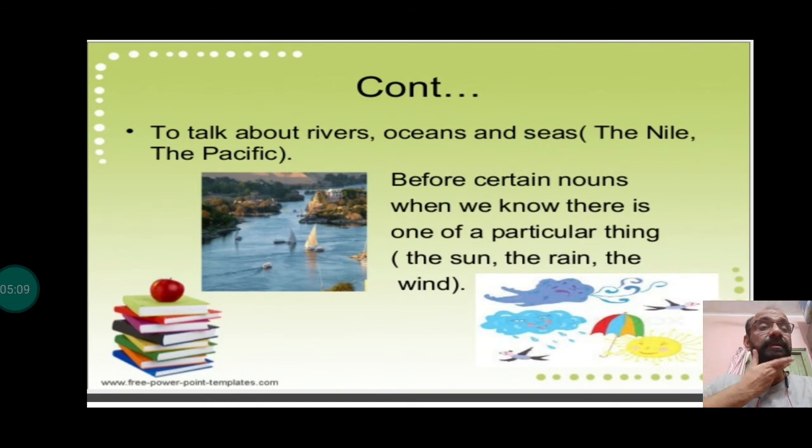Or in the case of mountain ranges, the Himalayas, the Alps, the Rockies, the Andes, the Vindhyas, the Aravalis, we use the before the name of the mountain, the Pacific Ocean, the Indian Ocean, the Arabian Sea. These are proper nouns, although, but they take an article because they are unique in their type.